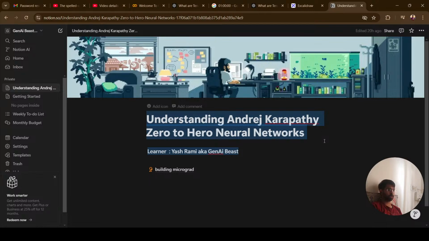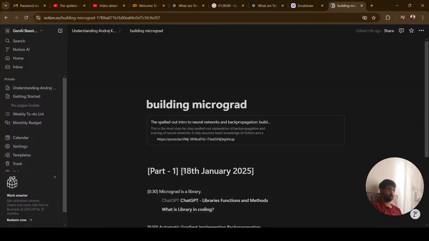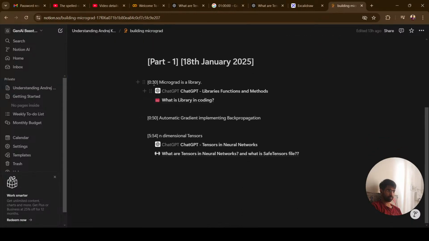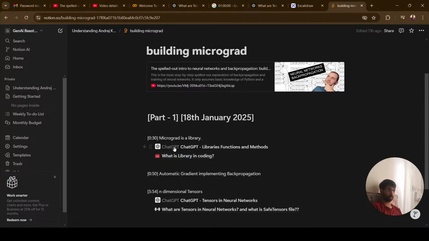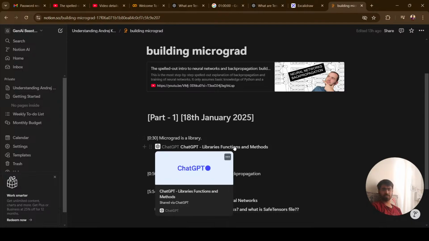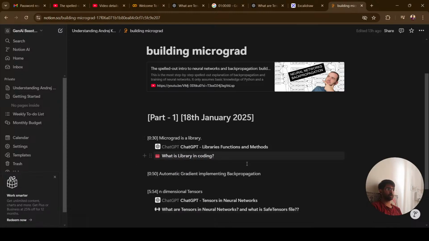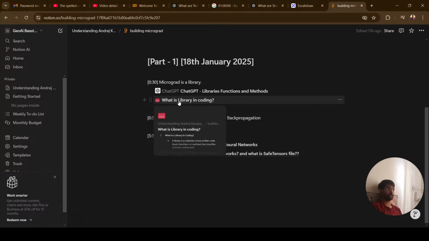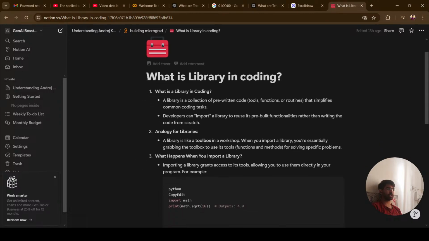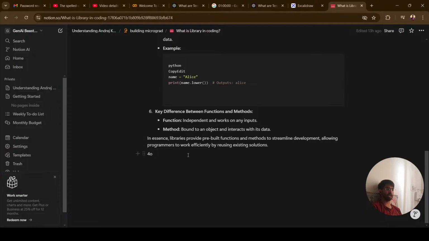Okay, and the process is like, whichever terms or concepts are unfamiliar to me, I will be writing about them in this manner, where it can be a GPT chat or Gemini chat or anything that has helped me to understand that particular concept. So I'll be linking that over here and I'll also be summarizing what it actually means.